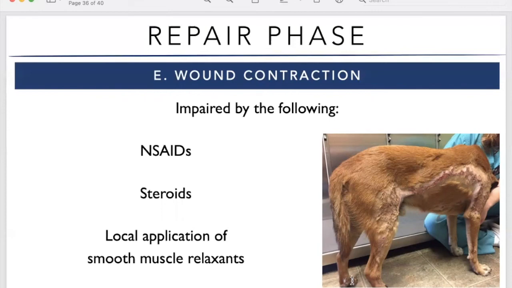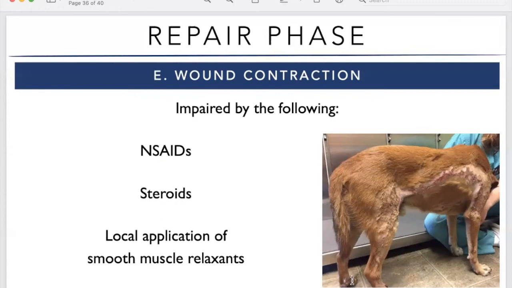Steroids as well. It's the same mechanism of action, and also the local application of smooth muscle relaxants. Remember, you want your muscles to move. You want the muscles that the myofibroblasts are making to move towards each other, right? Para mag-contract yung wound. You do not want those smooth muscle relaxants to inhibit contraction, right?